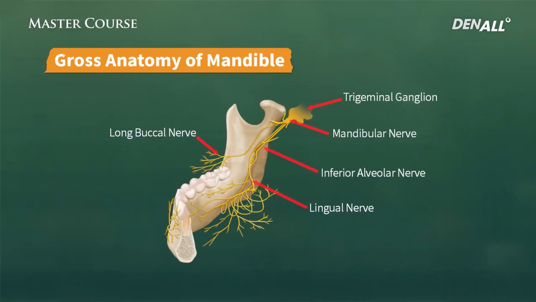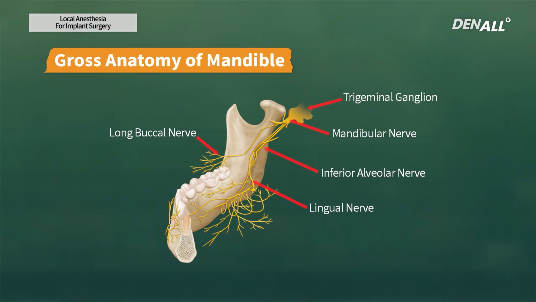The nerves of the mandible, as you know very well: from the trigeminal ganglion, the trigeminal nerve comes out, and its third branch is the mandibular nerve, which predominantly covers the mandible. Inferior alveolar nerve, lingual nerve, and long buccal nerve are the representative ones.